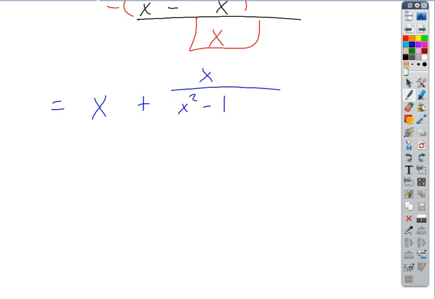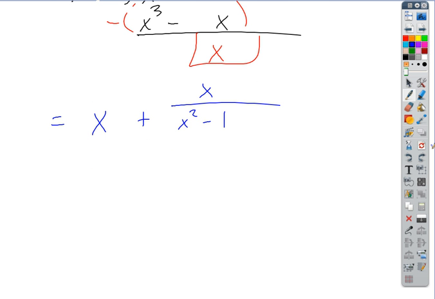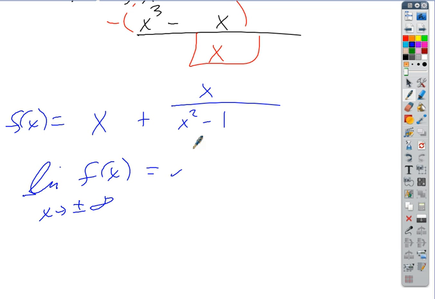So now if I take the limit, this is another way of saying f of x. So the limit of f of x as x approaches plus or minus infinity is the limit of x plus x over x squared minus 1. Okay, now watch what happens.